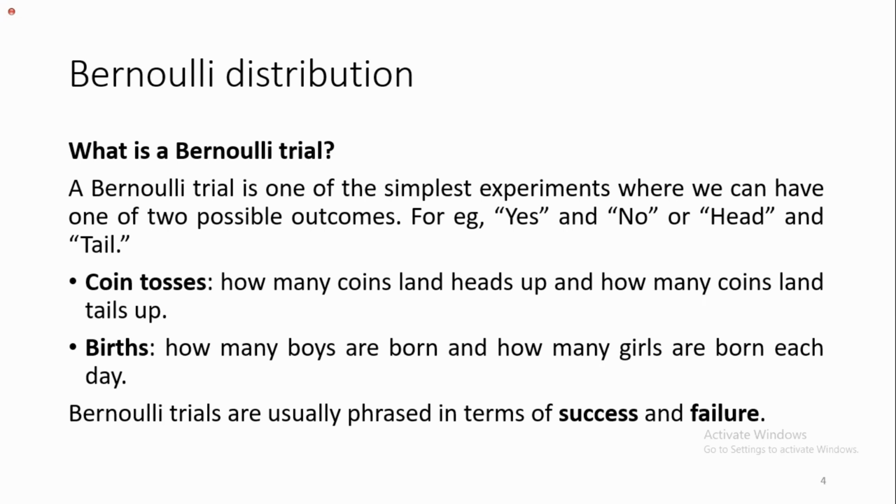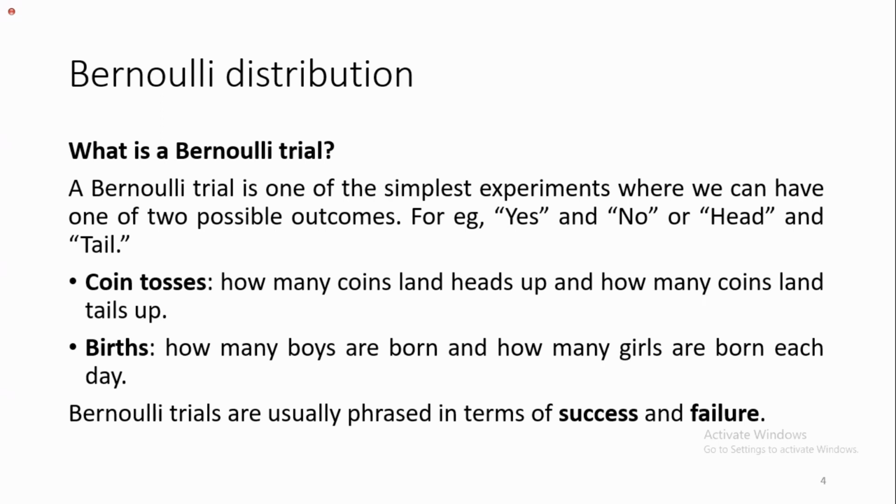So what do you mean by a Bernoulli trial? A Bernoulli trial is one of the simplest experiments, where we can have one of two possible outcomes. The Bernoulli distribution describes events having exactly two possible outcomes.